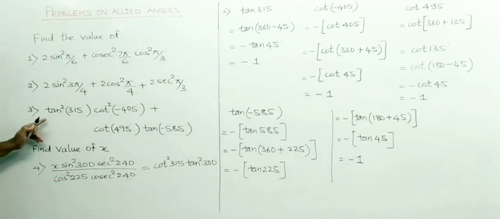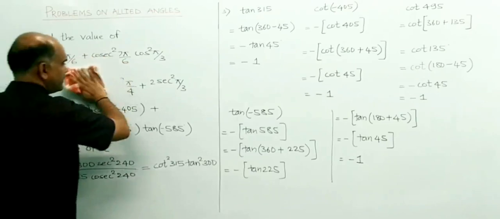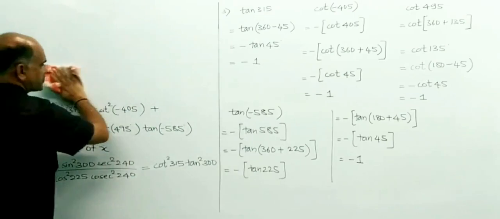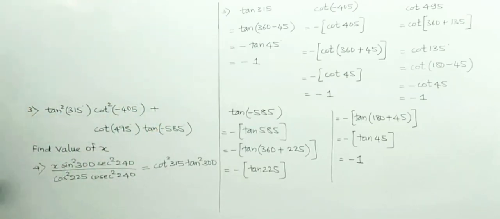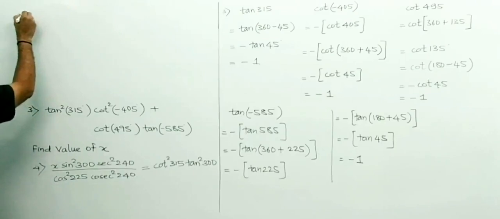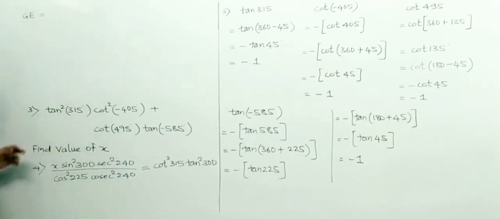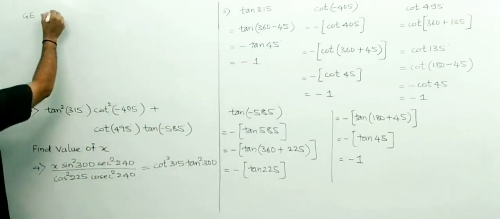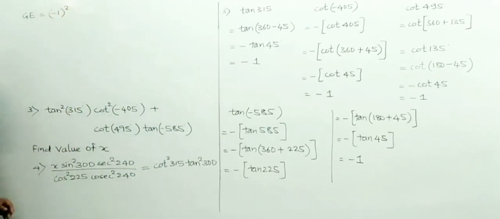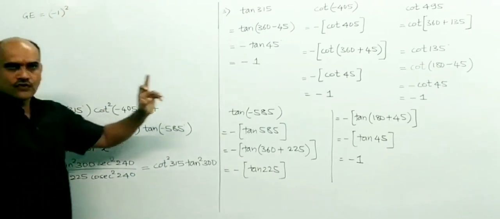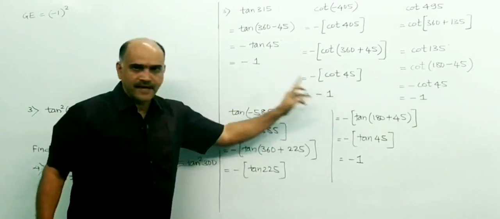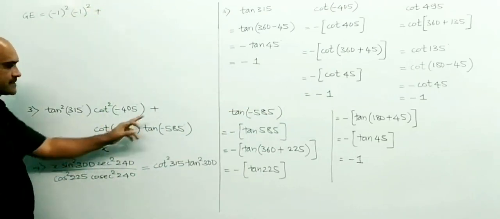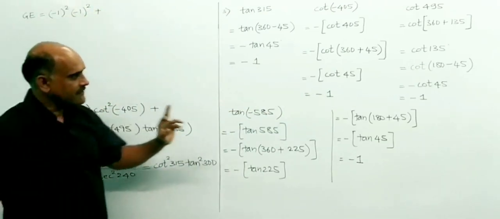Now I will substitute in the given expression. The given expression is equal to tan square 315. Tan 315 is minus 1, so I will have minus 1 square. Cot square minus 405. Cot minus 405 is minus 1, so minus 1 square, plus cot 495.